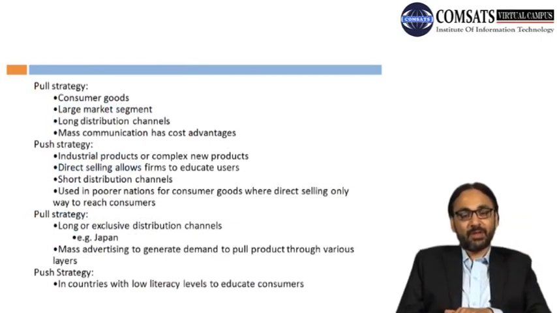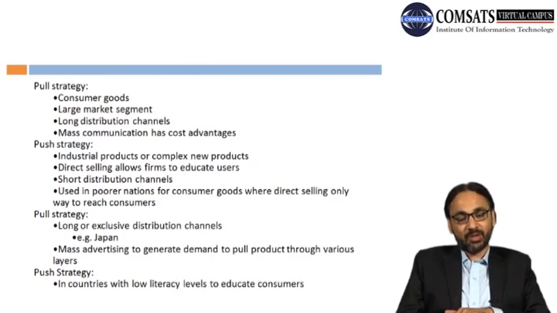Okay, push strategy: consumer goods, large market segments, long distribution channels, and mass communication has cost advantages. Push strategy: industrial products or complex new products, where direct selling allows firms to educate users, and short distribution channels used in poorer nations for consumer goods where direct selling is the only way to reach consumers.